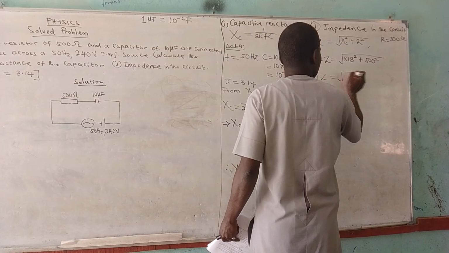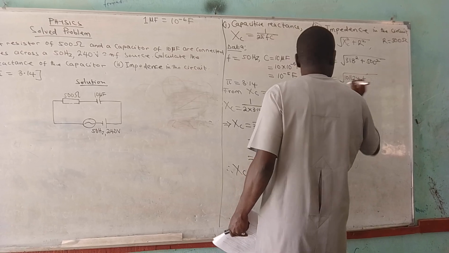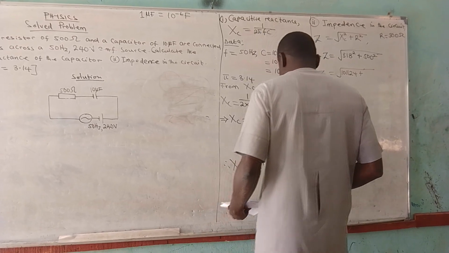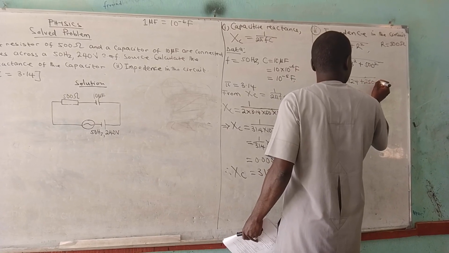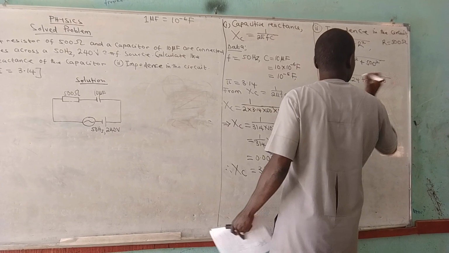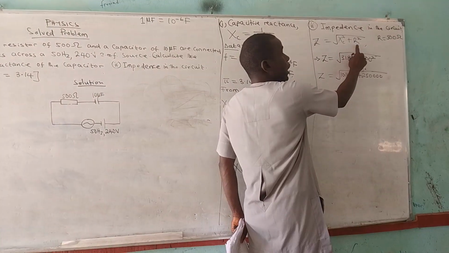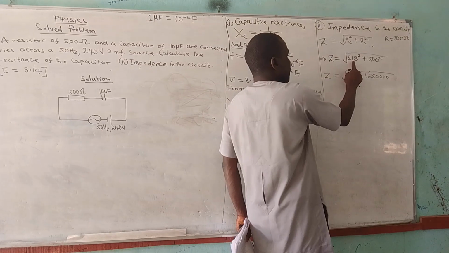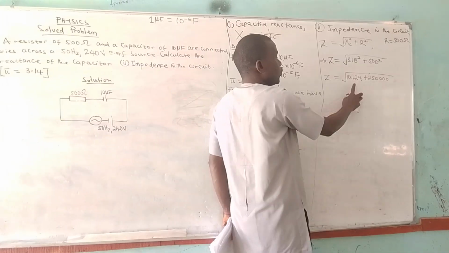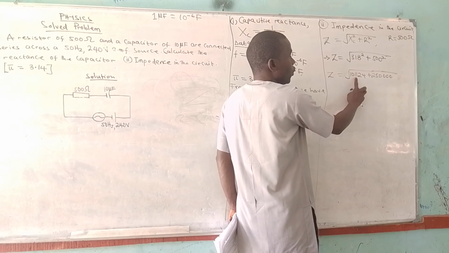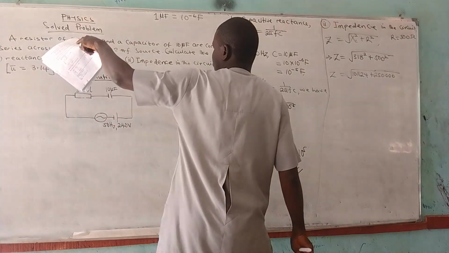Z is equal to square root of 101124 plus 500 square, which is 250,000. Is there any problem? We have Xc square plus R square. Xc we found in Roman figure 1, which is 318. We square it, we get this. Understand? 101124. Then 500 square, which is our resistor, given in the question.